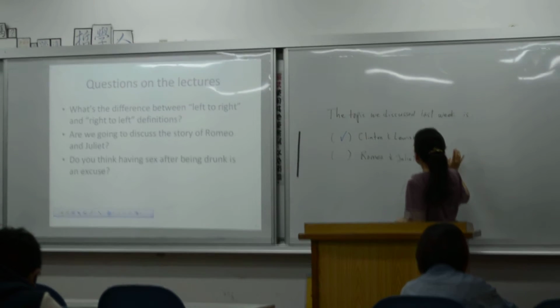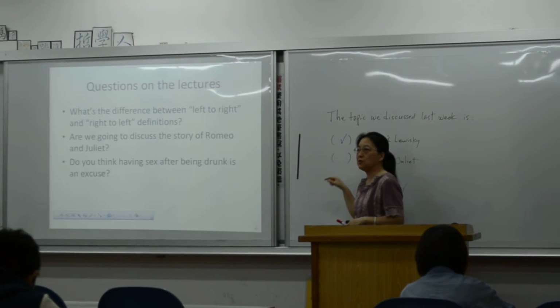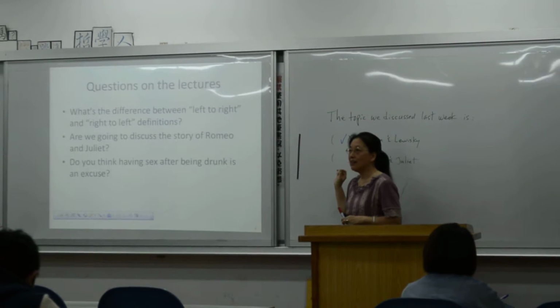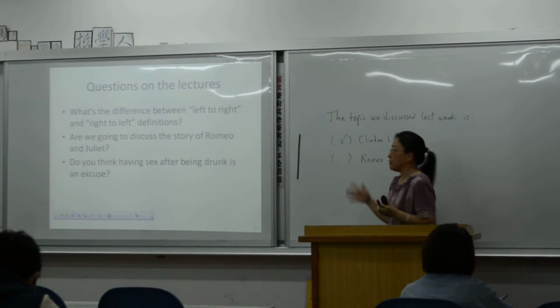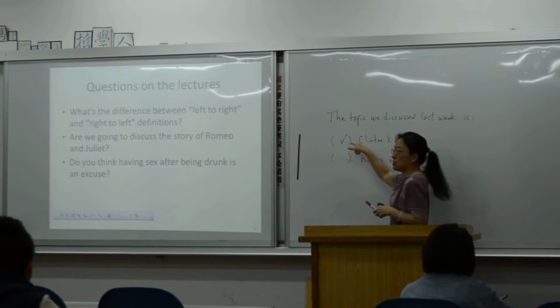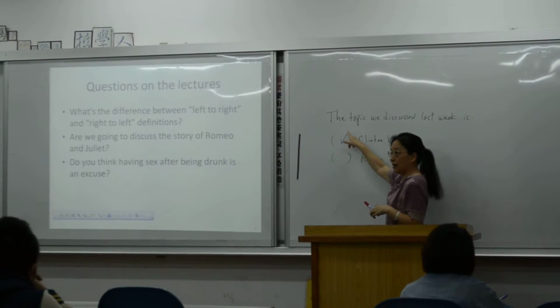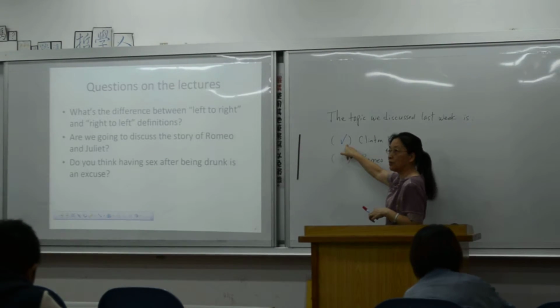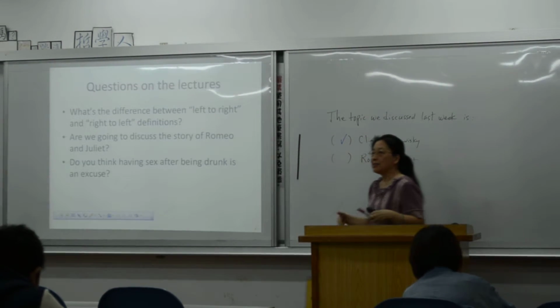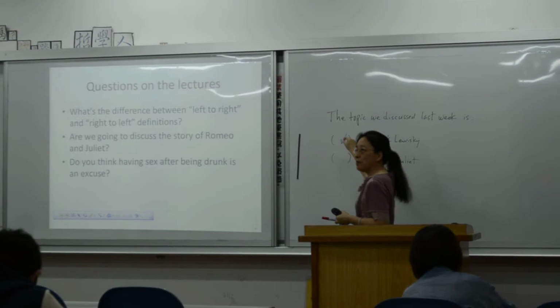The topic we discussed last week is, I want you to indicate your choice, right? Juliet just used the check mark to show that this is what we discussed last week. Is there any other way to make your choice?